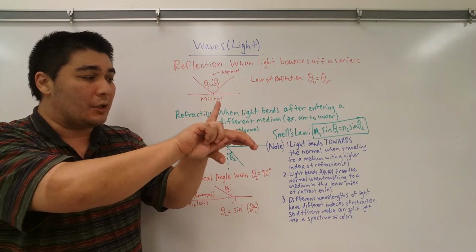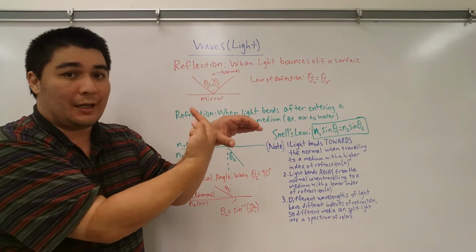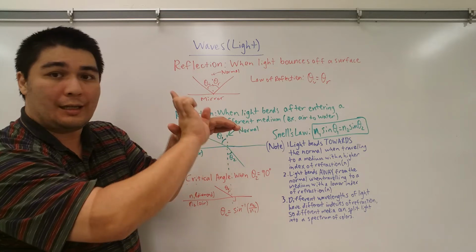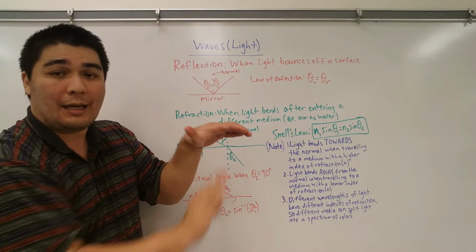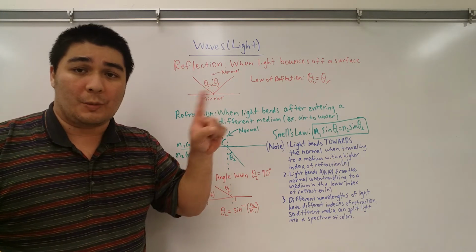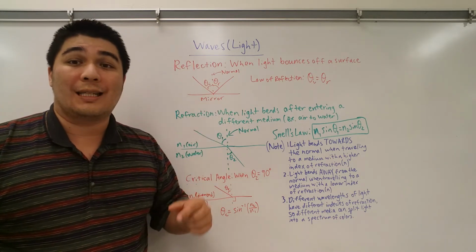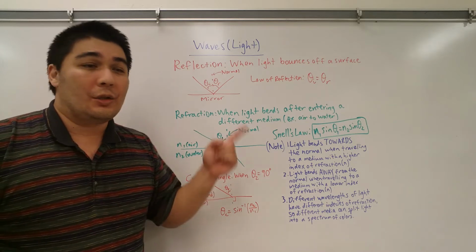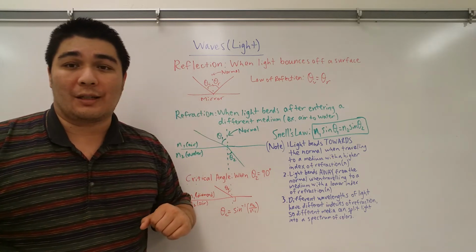And even though it may not be straight up this way, it might be coming out at an angle like this. It doesn't have to be straight up. It could be at any angle that you want, as long as it is perpendicular to the surface that it is being reflected off of.